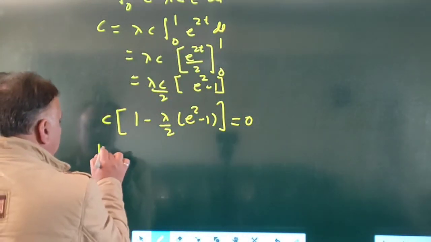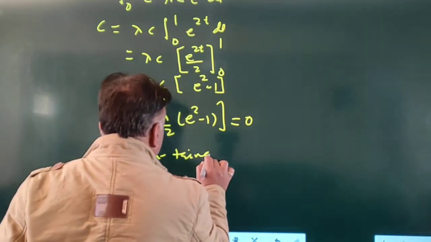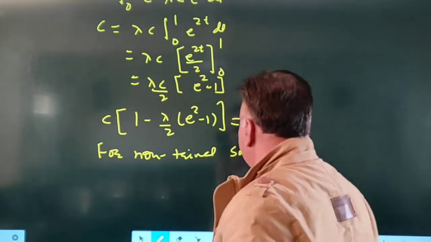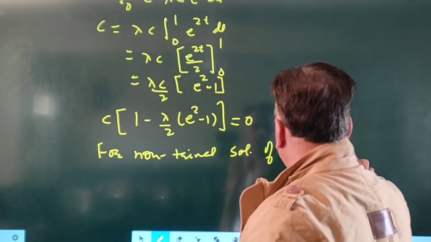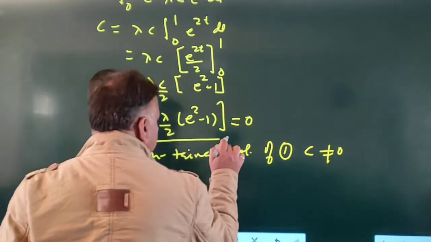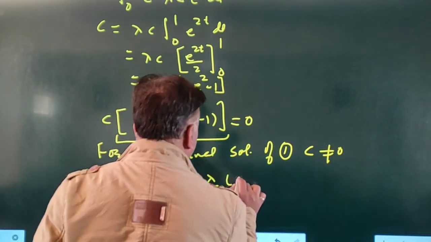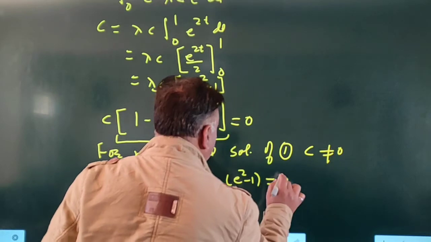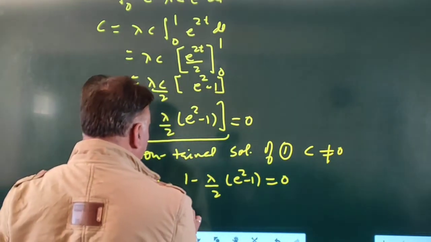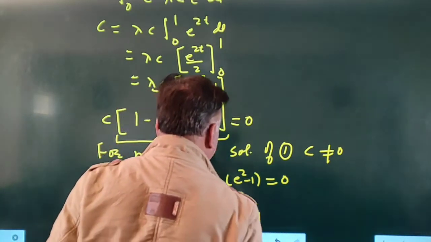So for non-trivial solution, c should not be equals to 0. If c is not equals to 0, then 1 minus lambda upon 2 into e square minus 1 is equals to 0, which gives the value of lambda. So lambda is equals to 2 upon e square minus 1.